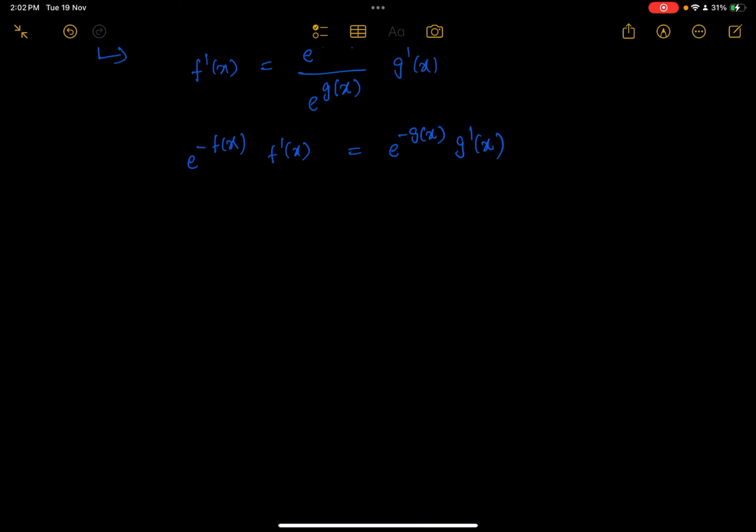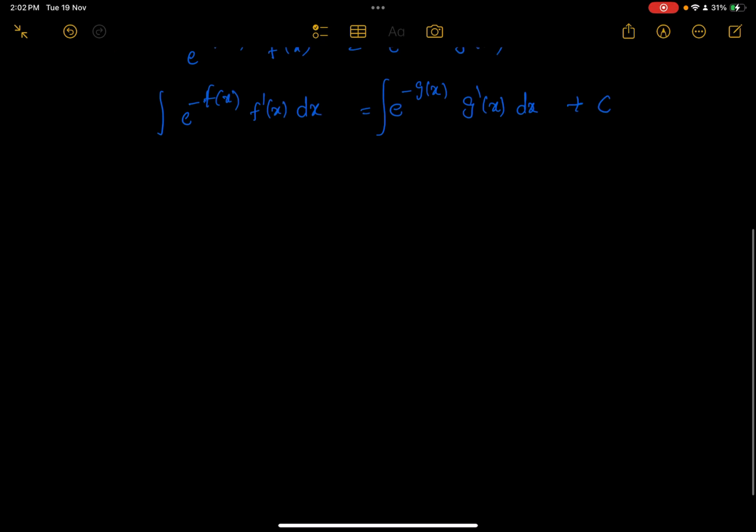So integrate this on both sides: e to the power minus f of x times f dash x dx is equal to e to the power minus g of x times g dash x dx, plus there will be some constant c. So if f of x is equal to t, then f dash x dx is dt.